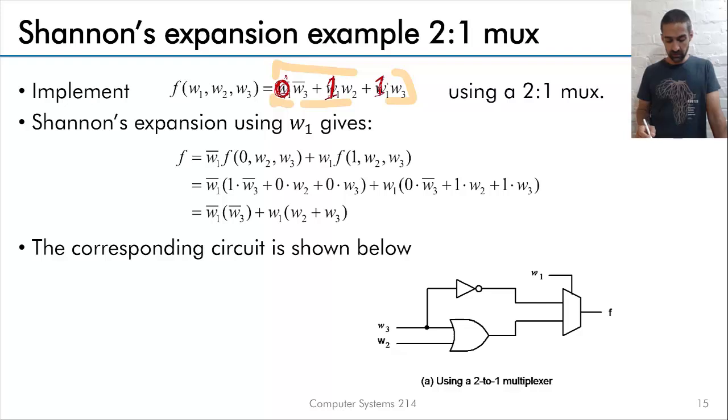So if you have to draw this out, then you've got the multiplexer, with a 0 and a 1 selecting between either not W3 or W2 or W3 going in there. Now, it's important to note this example only uses one multiplexer, and then suddenly it has the capability to pluck OR gates out of the sky.